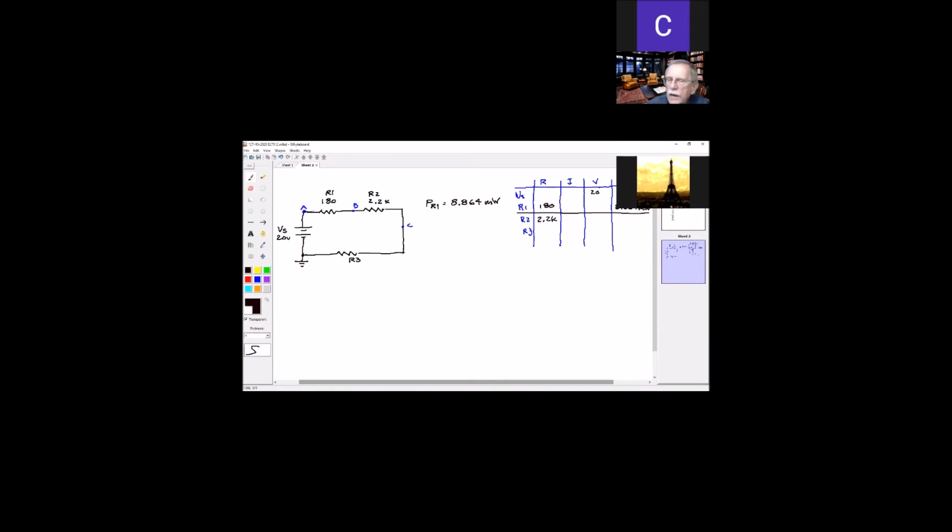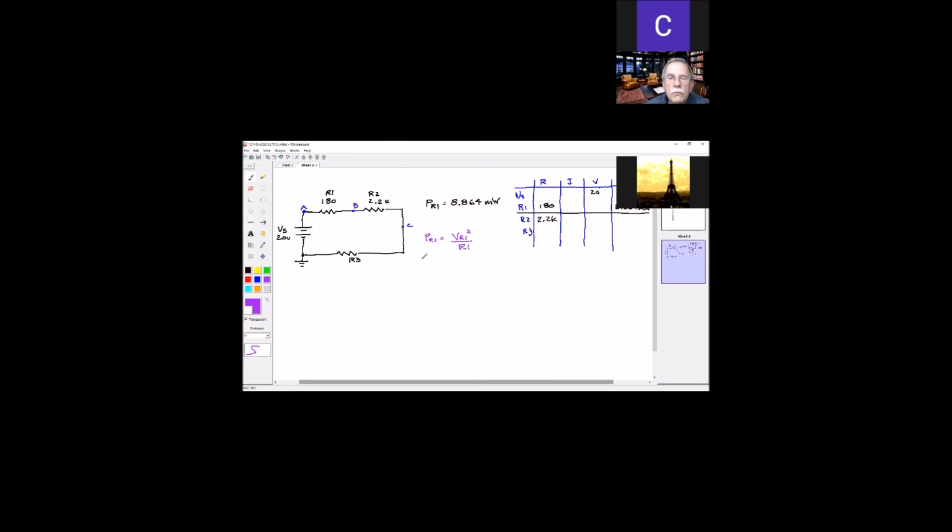So we could say that V sub R1, well, let's do it this way. Let me back up the other way first. We know the power and we know the resistance. So we know that the formula is P sub R1 is V sub R1 squared over R1.